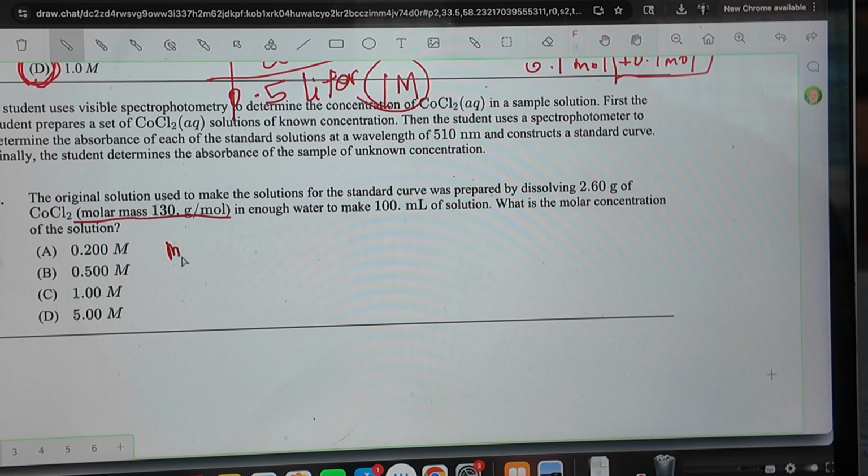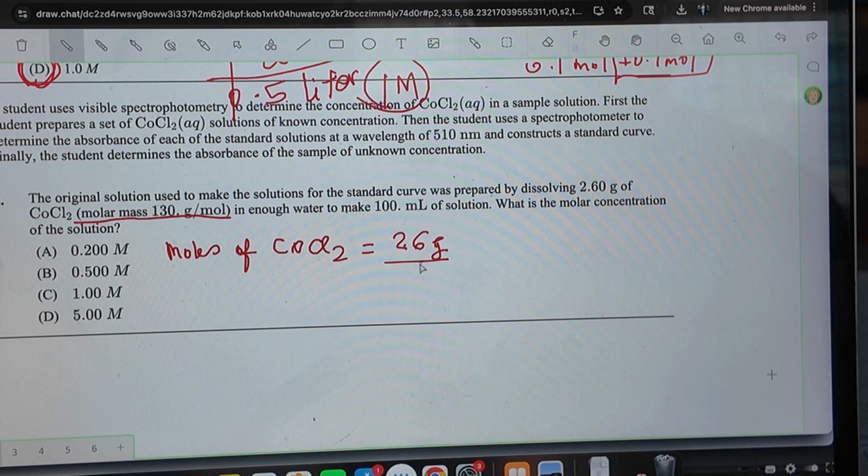So we're looking for the moles of COCl2, and that is 2.6 grams divided by 130 grams per mole.